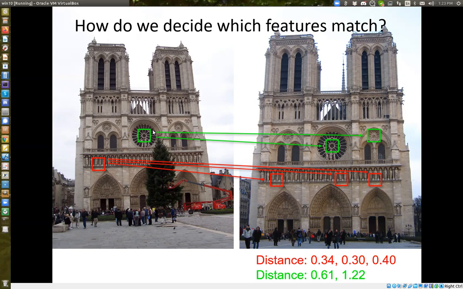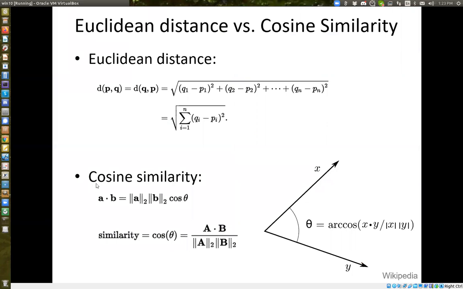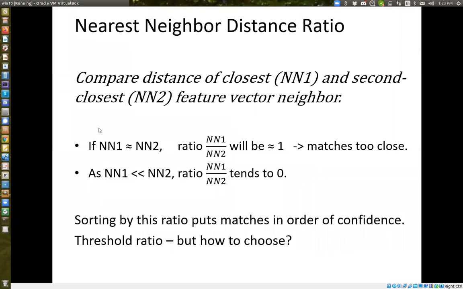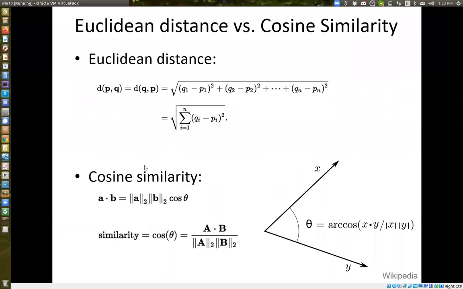So we also want to make sure that we are able to distinguish an actual match from just something similar. One way to do that, the simplest way, is to compare the ratio of the best match and the next best match.